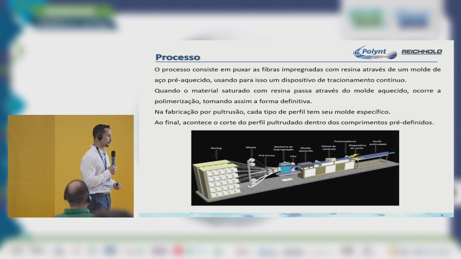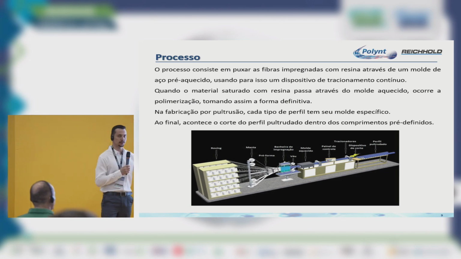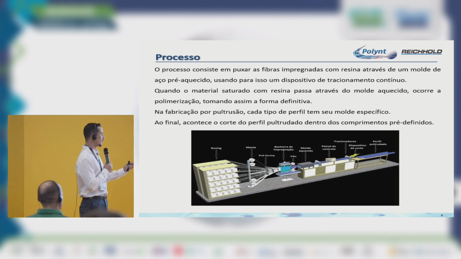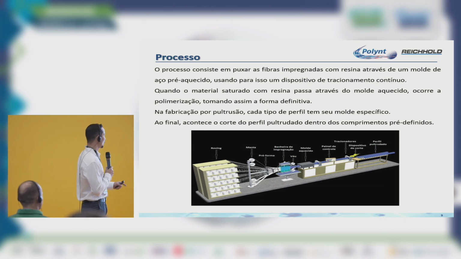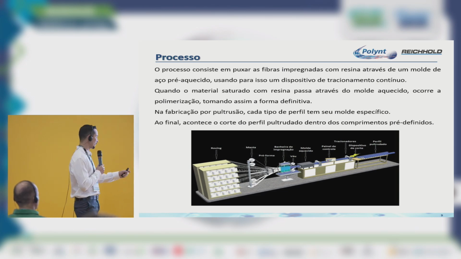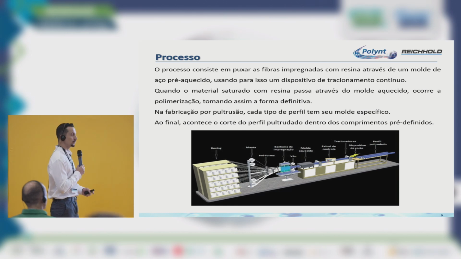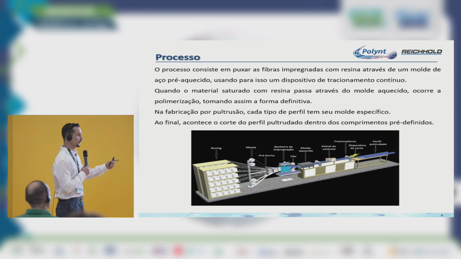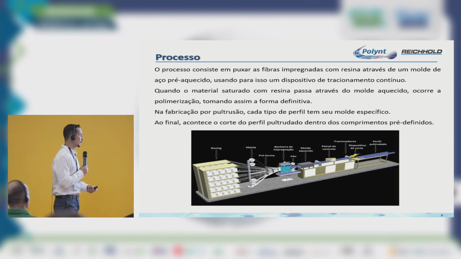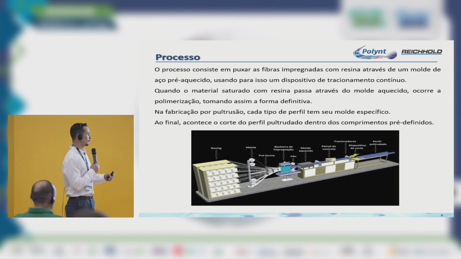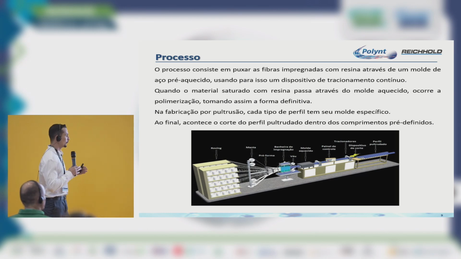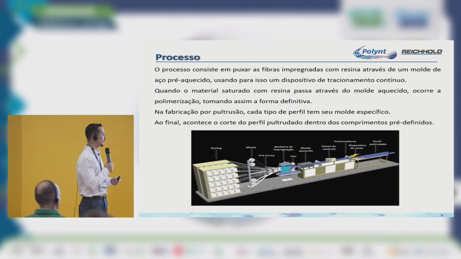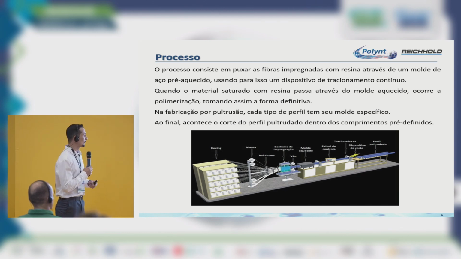So talking about the process, we have a pultrusion machine. All the steps for you to manufacture a profile start at the roving, and then you have direct roving of fiberglass. You have fiberglass mats, preforming, and guides for the correct shaping and for entering the mold.